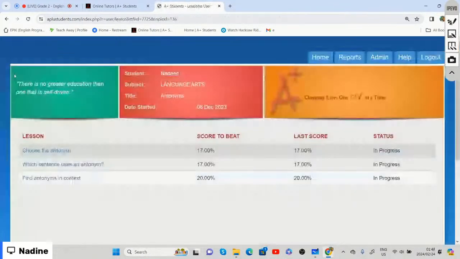All right, so that is now the end of our lesson on antonyms. We said antonyms are words with the opposite meaning. It's not the same meaning, it is opposite meanings, right?